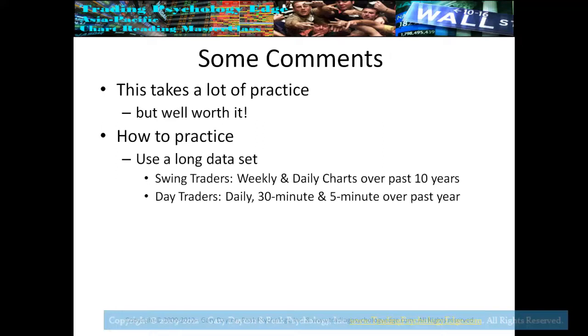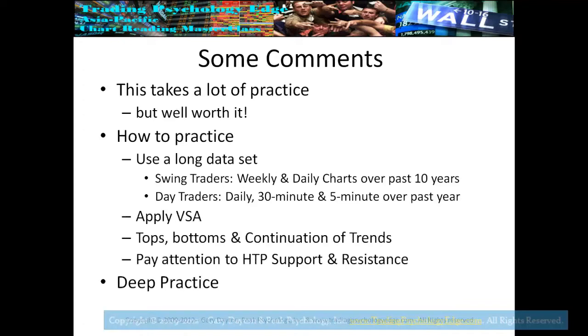The way to do this is, if you're a swing trader, get daily and weekly charts over the past 5 or 10 years. If you're a day trader, look at the daily, the 30-minute and the 5-minute over the past year, or the daily, the hourly and the 5-minute or 15-minute, if you can get that data. And I know a lot of you are from the VSA, so apply those VSA principles like bottom reversals and tests and no demands and selling climaxes and stopping volume and all that.